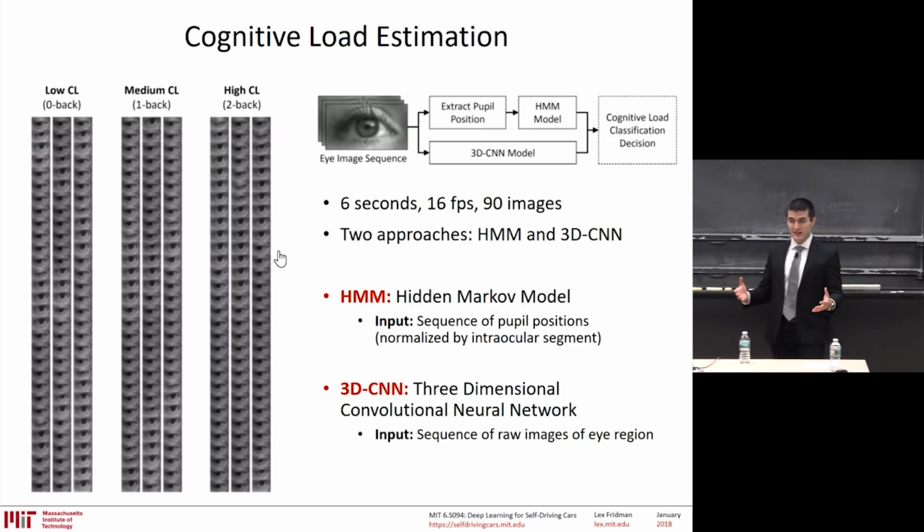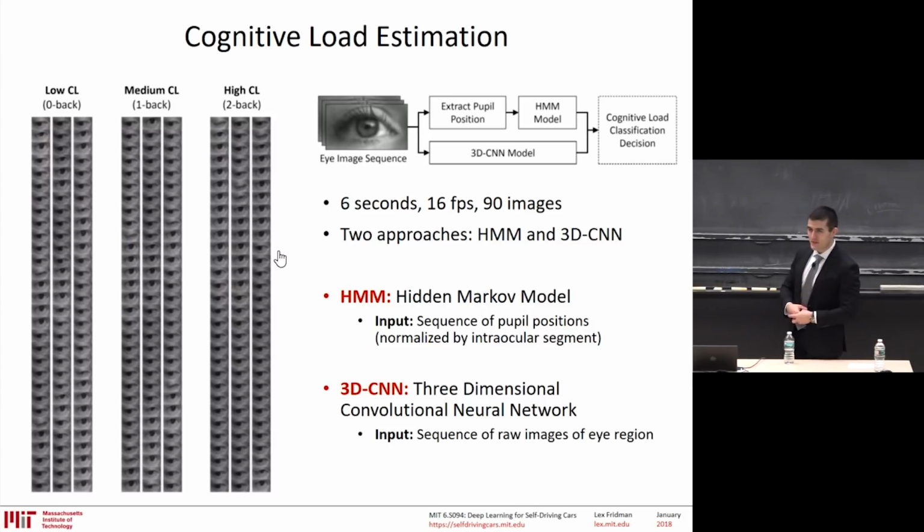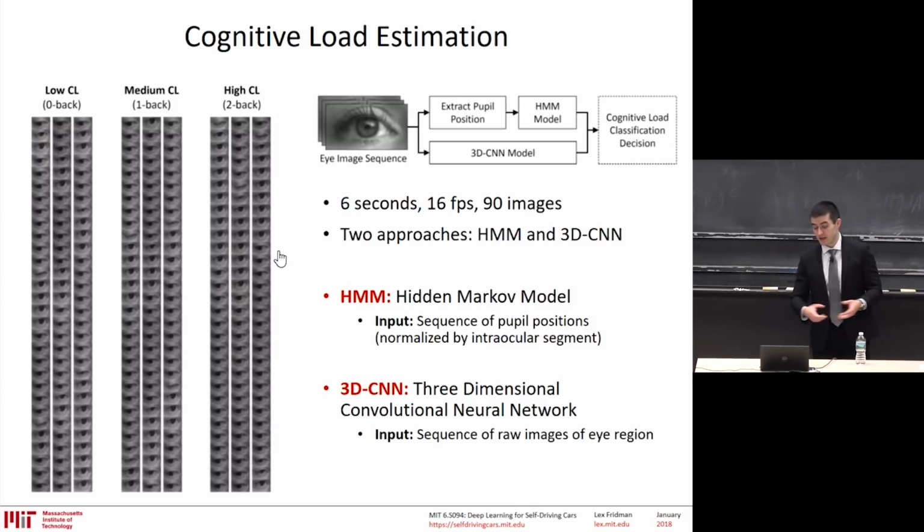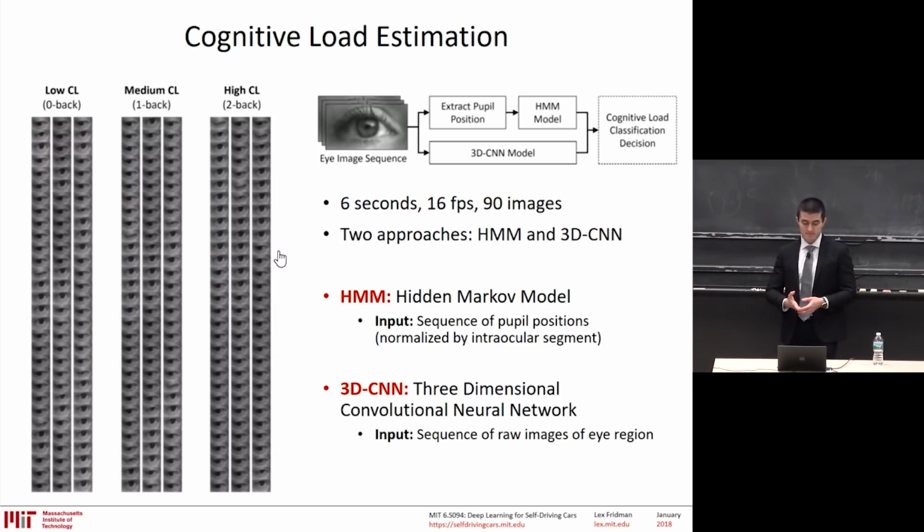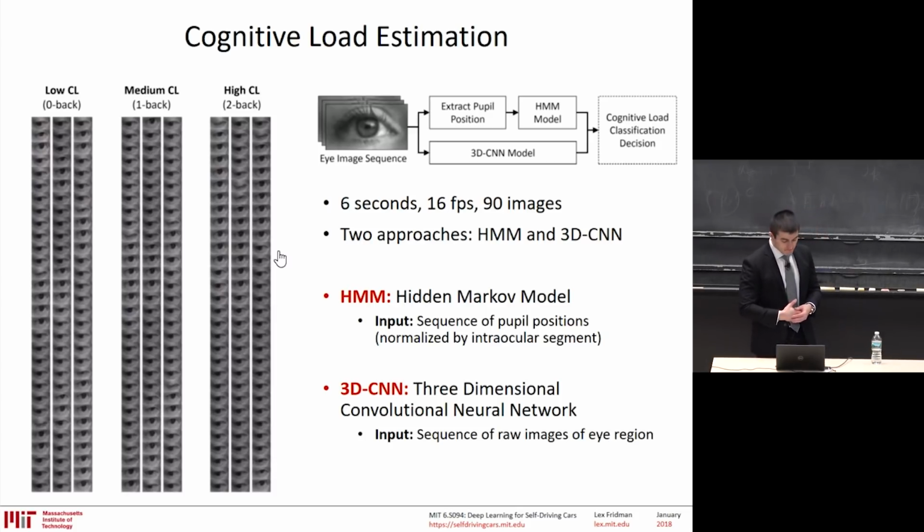We have a ton of data of people on the highway performing these N-back tasks, and that forms the supervised learning training data. That's it. The input is 90 images at 15 frames a second, and the output is one of 3 classes.